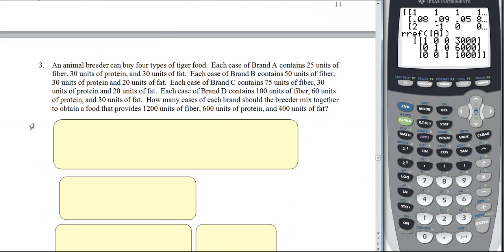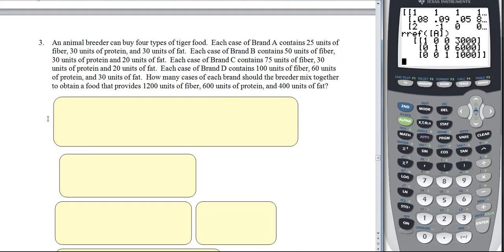An animal breeder can buy 4 types of tiger food. Each case of brand A contains 25 units of fiber, 30 units of protein, 30 units of fat. Each case of brand B contains 50 units of fiber, 30 units of protein, and 20 units of fat. Each case of brand C contains 75 units of fiber, 30 units of protein, 20 units of fat.